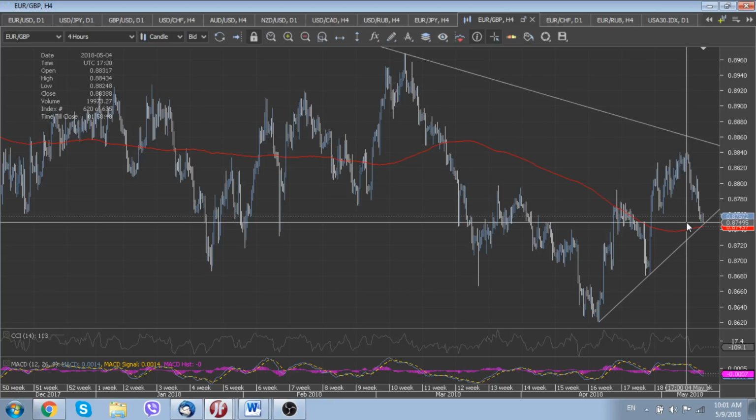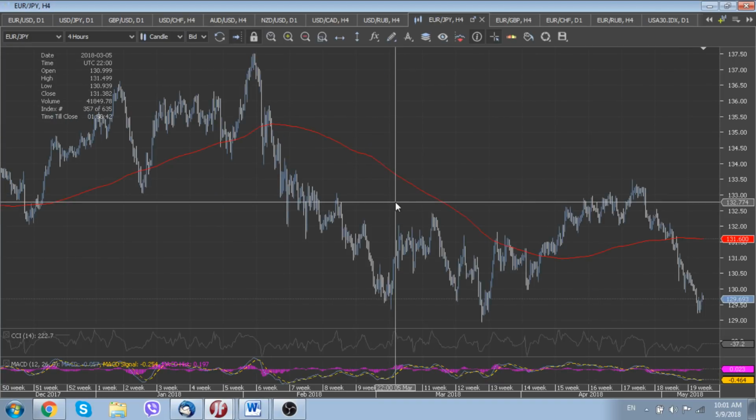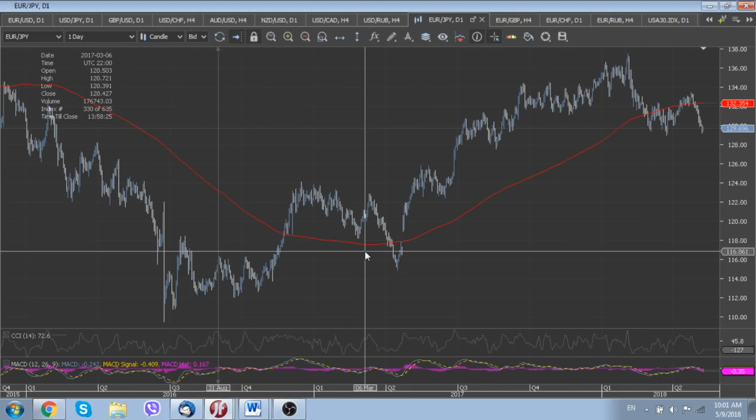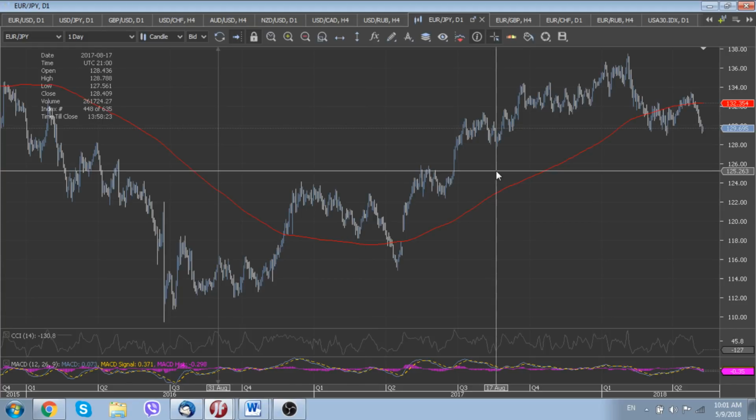The euro yen also should remain under downside pressure, and the possible break below the lows of 2018 located around 128.95 should take the currency some lower, initially to the lows of August 2017 located around 127.56.